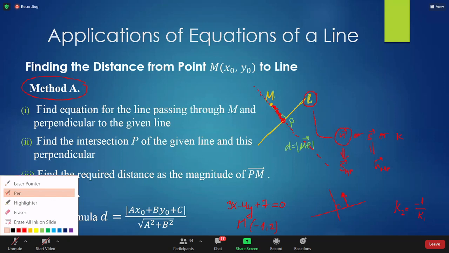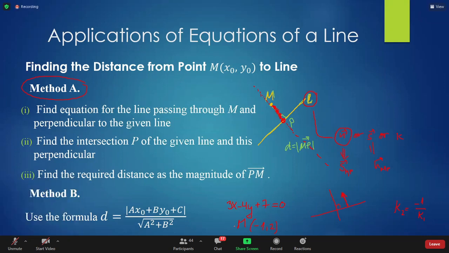I take the equation of the line and put the coordinates of the point M into it. So that would be 3 times -1 minus 4 times 2 plus 7. All that, if it's negative, I need the modulus, the absolute value, divided by the magnitude of the normal vector.